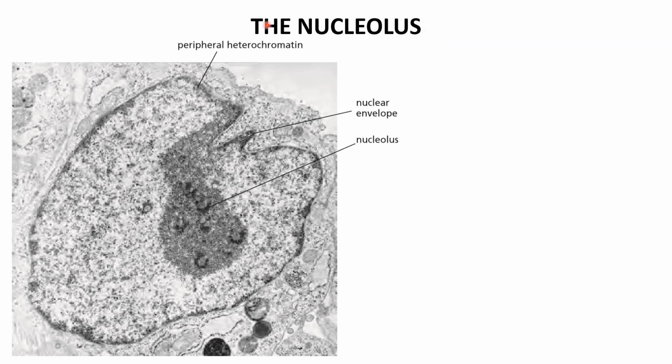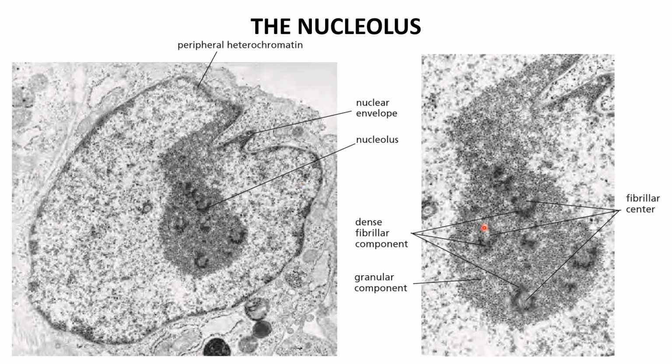Okay, so this one is related to your ribosomes. This is the nucleolus, and it's a dense structure. It's a conspicuous structure in many eukaryotic nuclei. So here's a closer look. You can see several parts labeled here.